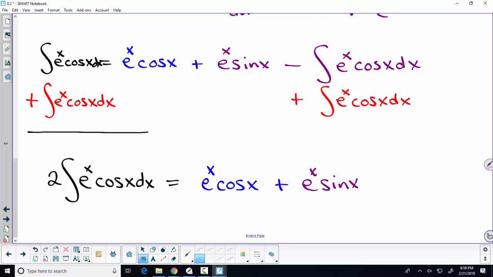Well, so we've got two of those integrals. We'll just divide by 2 and we have our result. Is everybody all right with this, where we're at right here? So we want to solve for that antiderivative, which means we just divide everything by 2.